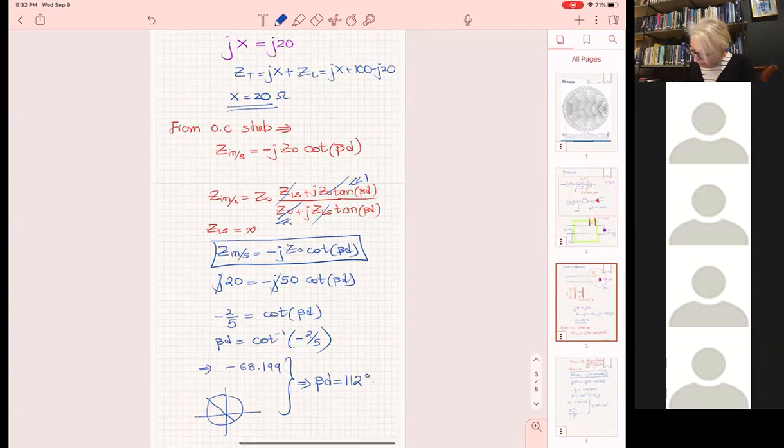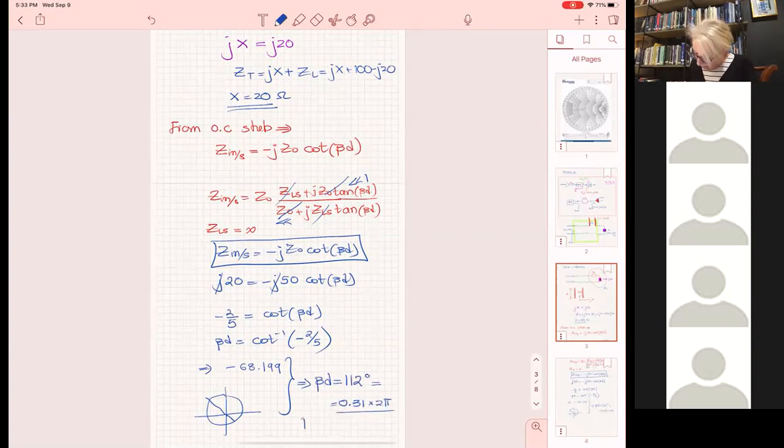And in fact, I can do this in radians, so divided by 360 is 0.31 times 2 pi in radians.